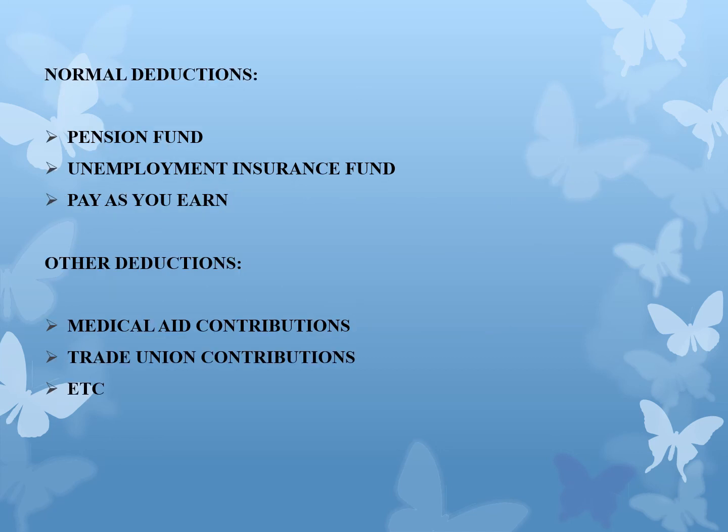These are the different types of deductions: pension fund, unemployment insurance fund, pay as you earn, while others, which are voluntary, will come in the form of medical aid contribution, trade union contribution, your bond deductions if you are paying through your employer.